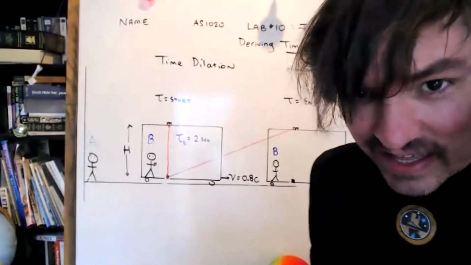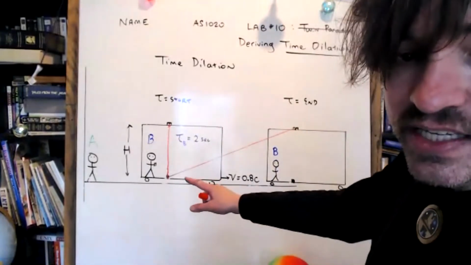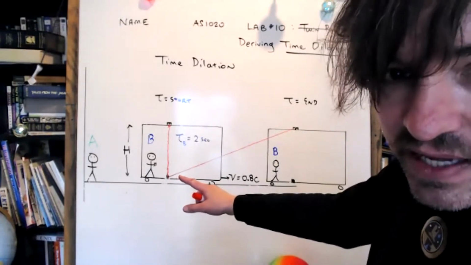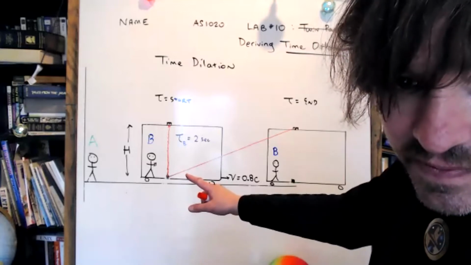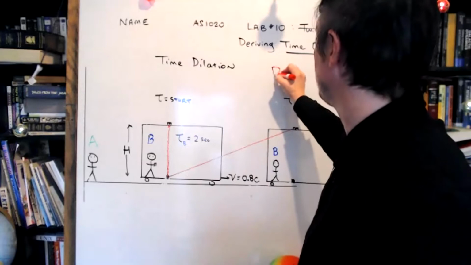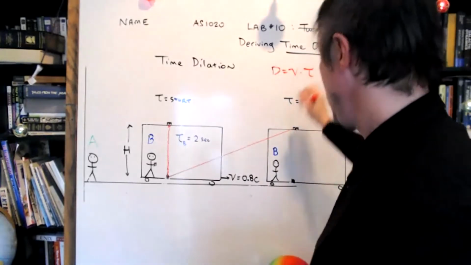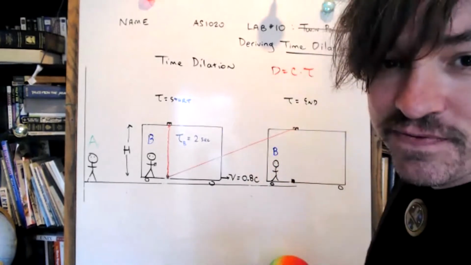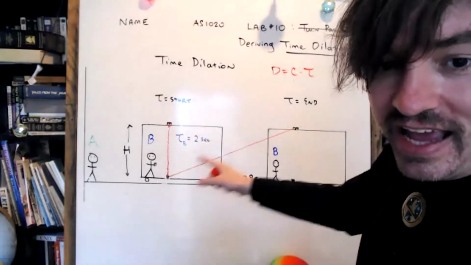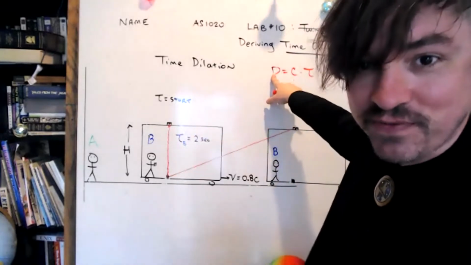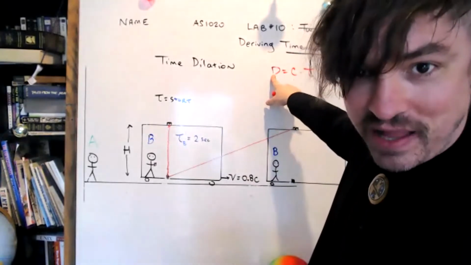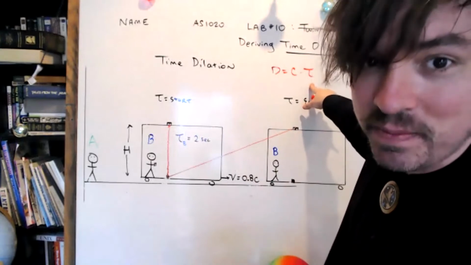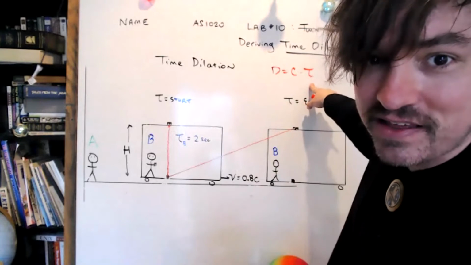But now I want you to think about things for a second. According to Einstein, both observers need to measure the same speed of light, no matter what, right? If distance equals rate times time, and both observers need to measure the same rate of c for the laser, but observers A and B measure two different distances, this implies that A and B instead have to measure two different times for the experiment to take place.